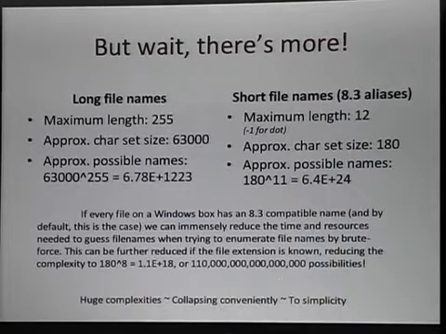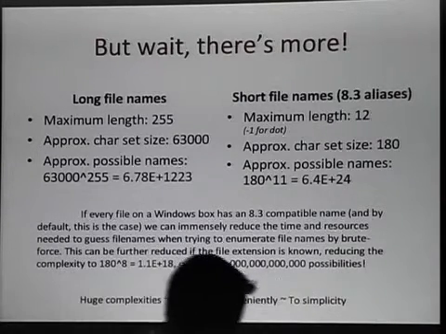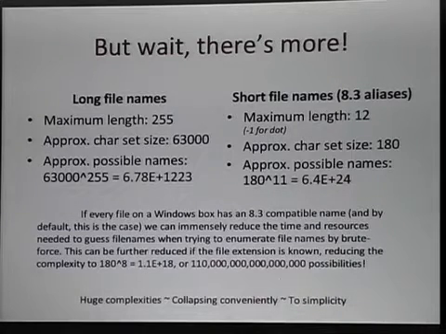And more than that, this slide is a little complicated. I'm going to skip over a lot of this, but basically, in short, the set of long file names possible on Windows systems is a number which doesn't fit readily on a slide, so it's in scientific notation here. And the set of short file names possible is much, much, much smaller.